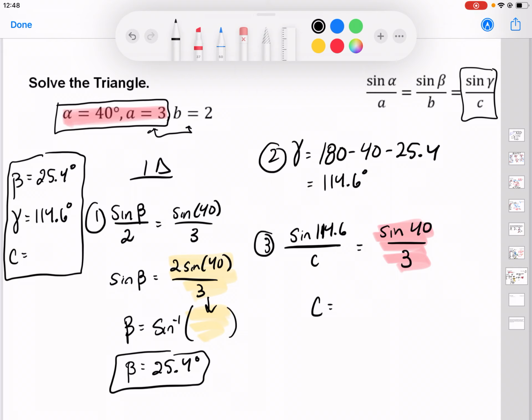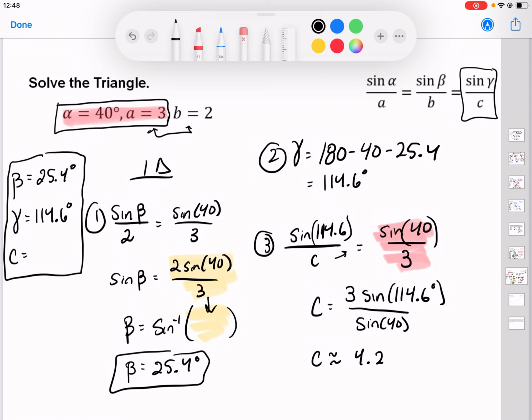So then, once again, you're going to divide by the one across from the variable. So we're dividing by sine of 40. So say 3 sine of 114.6 degrees. Should have put those in parentheses. And we can just type that in. 3 sine of 114.6 divided by sine of 40. And you get C is about 4.24.